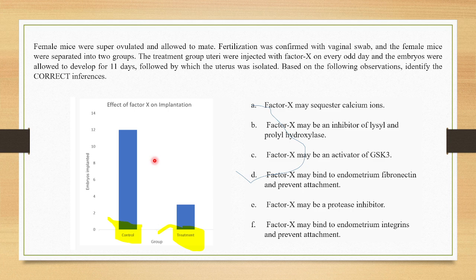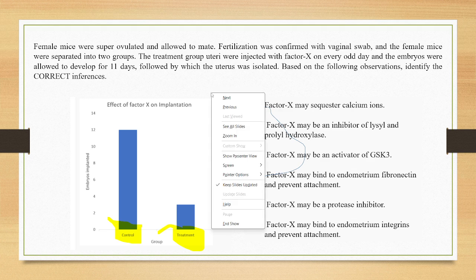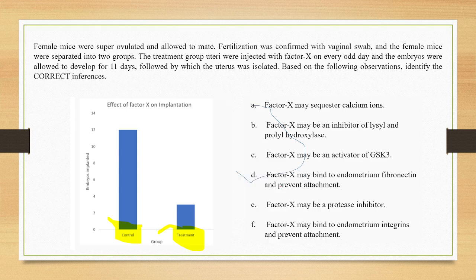So in that context, epithelial remodeling takes place. And one very important phenomenon which occurs during epithelial remodeling is epithelial to mesenchymal transition, which is known as EMT. I don't know if you have heard about this or not. This epithelial to mesenchymal transition changes some of the epithelial cells of the uterine wall to mesenchymal cells.